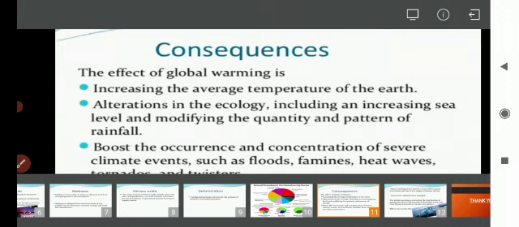Number one, the effect which is seen is that ice in polar areas is melting. Average temperature in the Arctic has increased at almost twice the global rate in the past 100 years.